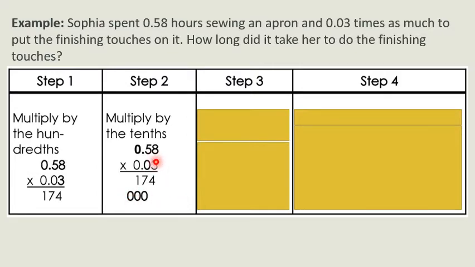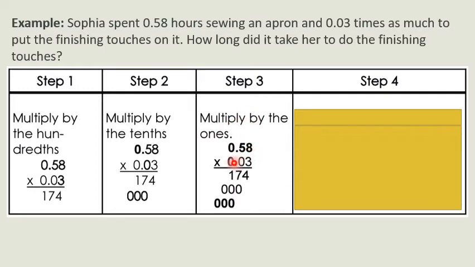Tulad ng ordinary mong pag-multiply ng whole number, now, we will multiply by ones. 0 times 8, 0 times 5, and 0 times 0. Kaya nakuha natin yan.